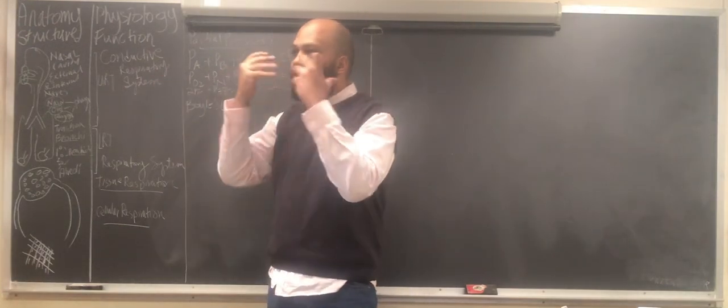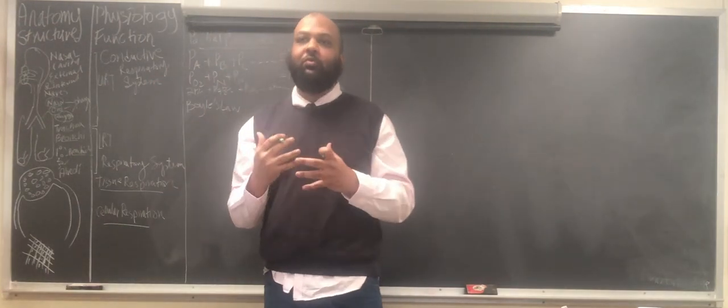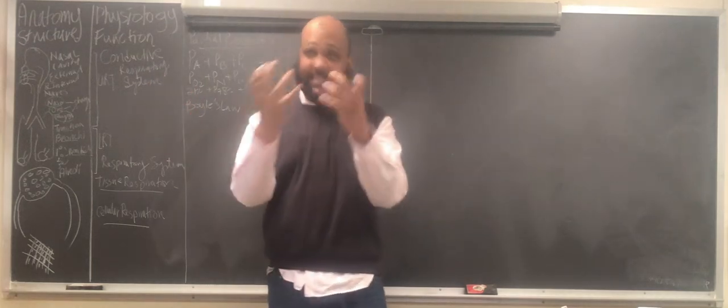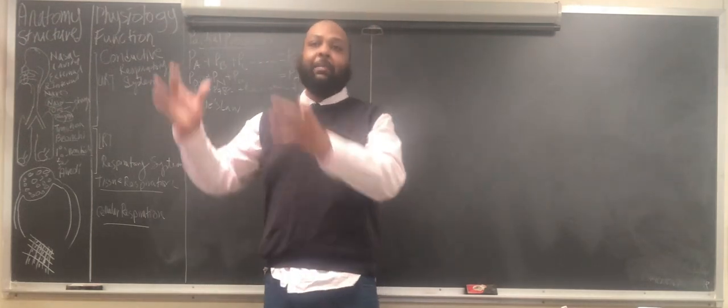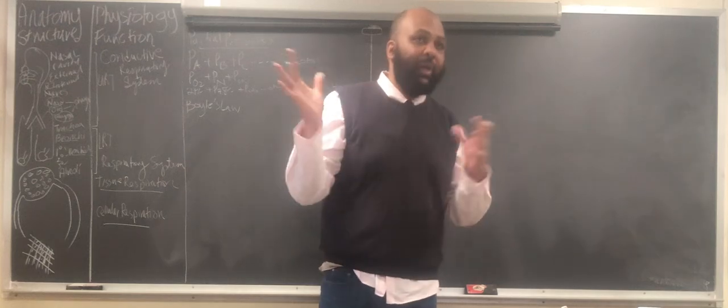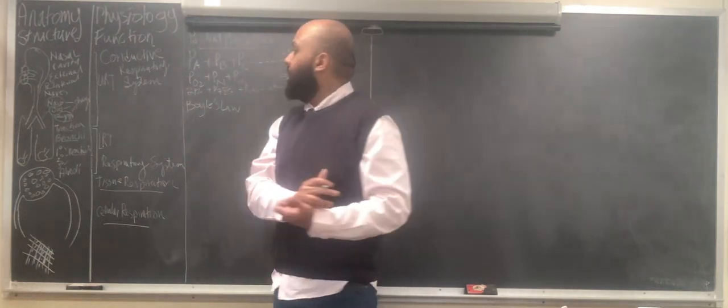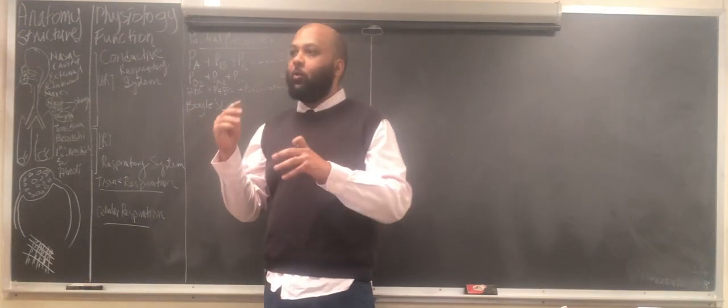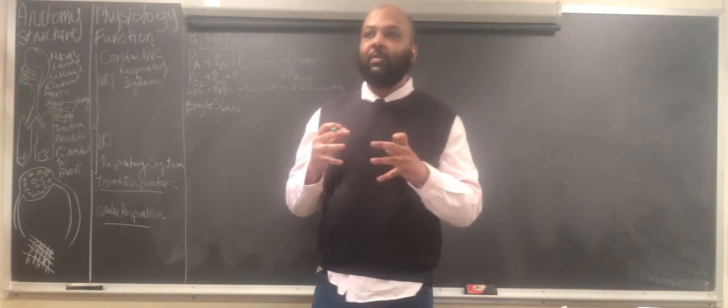And these are the mucosa layers that have multiple functions. The first one is to receive the air and pass the air, propel the air downward, conduct the air to your lungs, and also they perform an immunological effect.